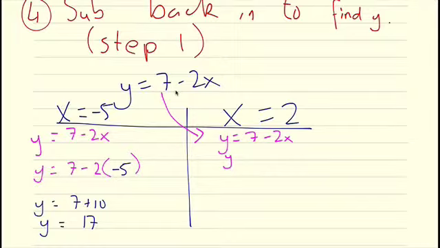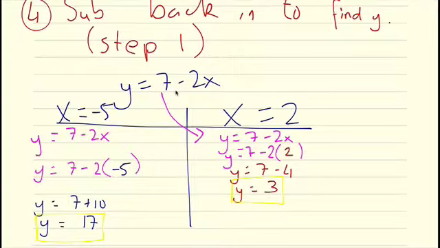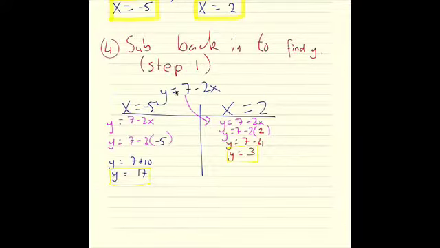What is it? X is 2. Y is equal to 7 minus 4. Y is equal to 3. Did you get y equals 3, Reese? Yeah, okay, sound. John? Okay.